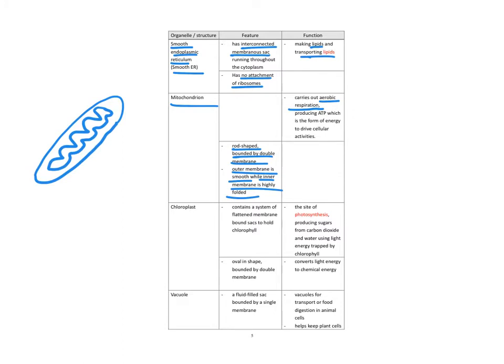It is also responsible for producing ATP, because this is the product of respiration, which is the form of energy to drive cellular activities. Again, activity doesn't literally mean movement, but it means chemical reactions. So make sure that you get this concept word correct.